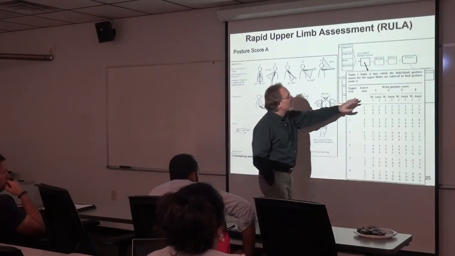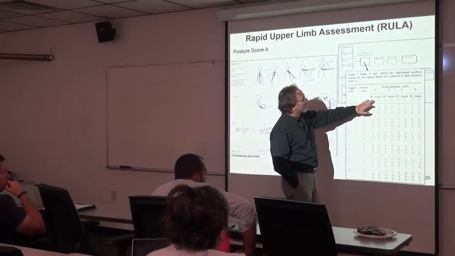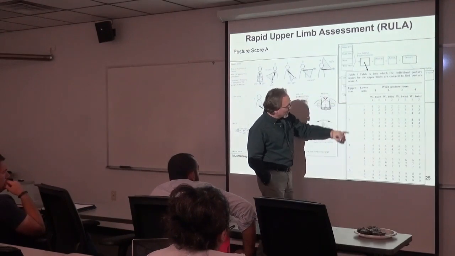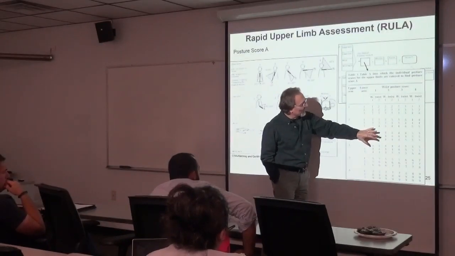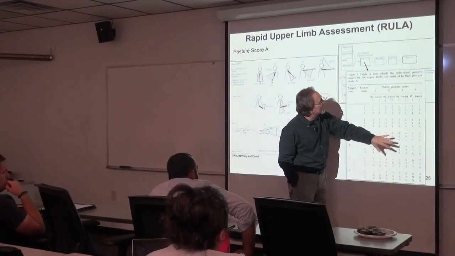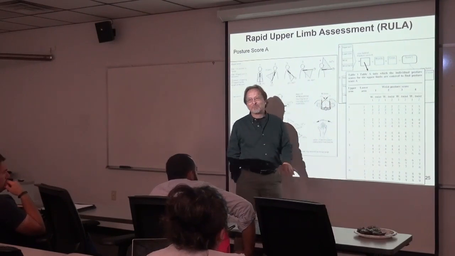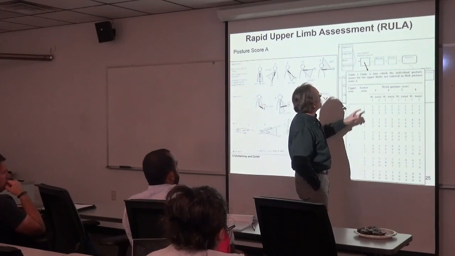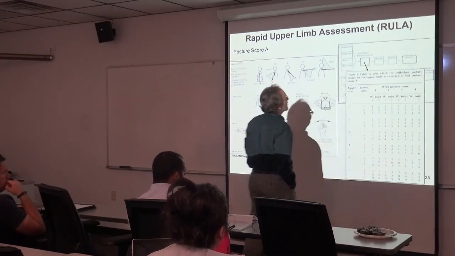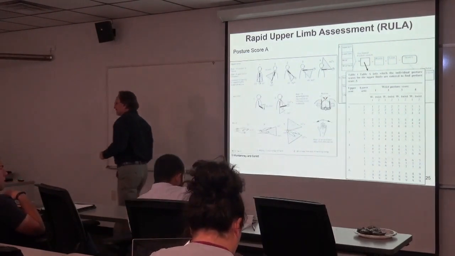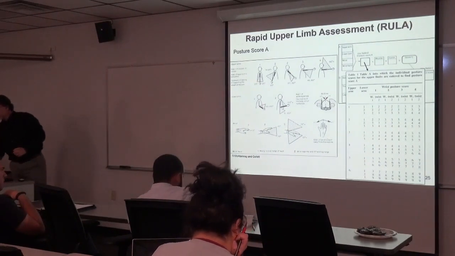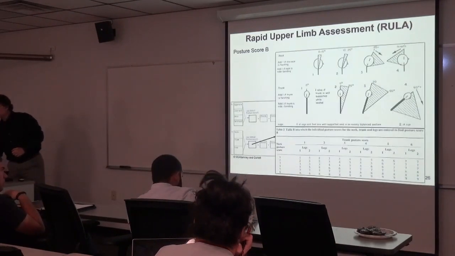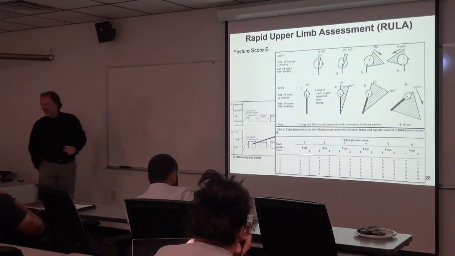So you locate your wrist posture score, your wrist twist score, and then your upper arm score and your lower arm score, and you read your score A off of that table. And you put it in this box. We'll come back and talk about muscle and force and score C later.